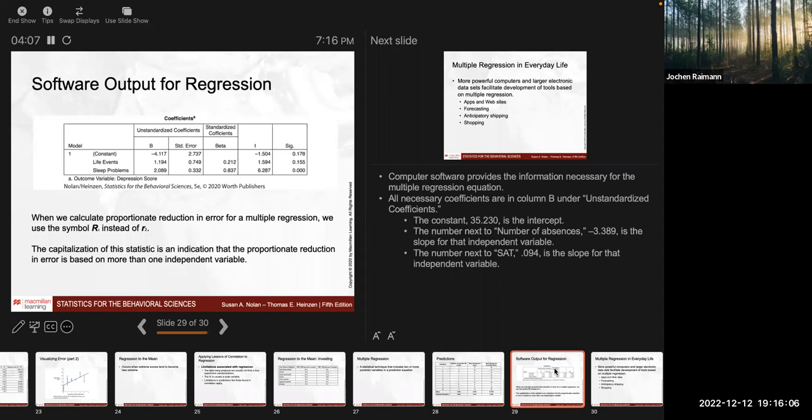You have the so-called unstandardized coefficients, and they are exactly what the name implies. They're not standardized like these, which are basically the SAT scores. These are the unstandardized coefficients that you can use to predict an individual entry of a dependent variable.